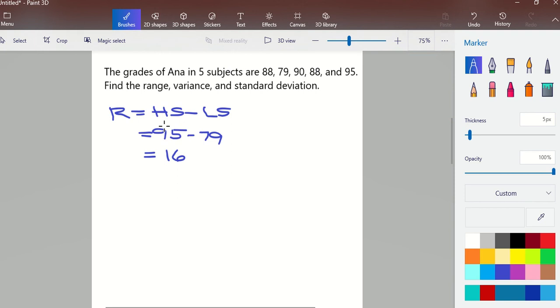Next, let's have the standard deviation, the variance rather. So let's have population variance. We'll just use the population for our assessment class to have a simpler solution, or this is the one required based on our textbook.